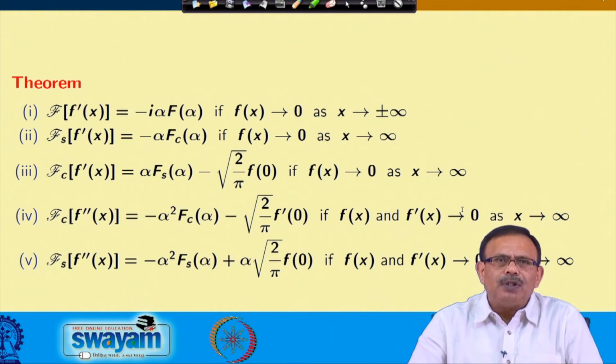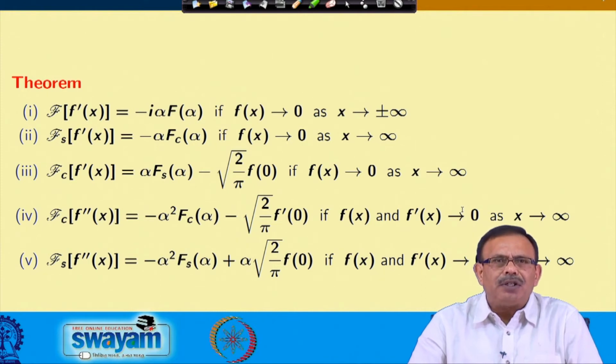Similarly, number 2, the Fourier sine transform of f'(x) equals minus alpha into the Fourier cosine transform of alpha, where f(x) approaches 0 as x approaches infinity. This is obvious because for the Fourier transform the interval is minus infinity to infinity, whereas for the Fourier sine and cosine transforms x goes from 0 to infinity.